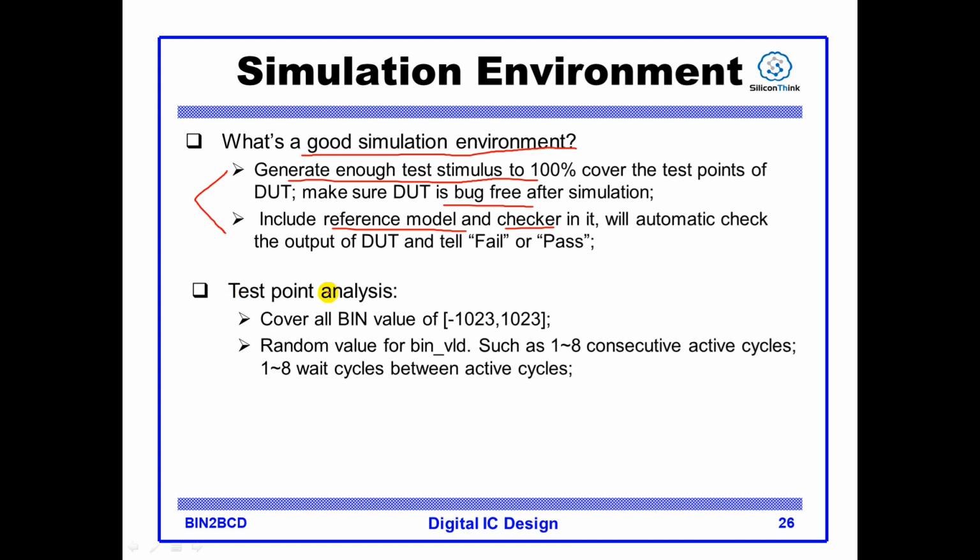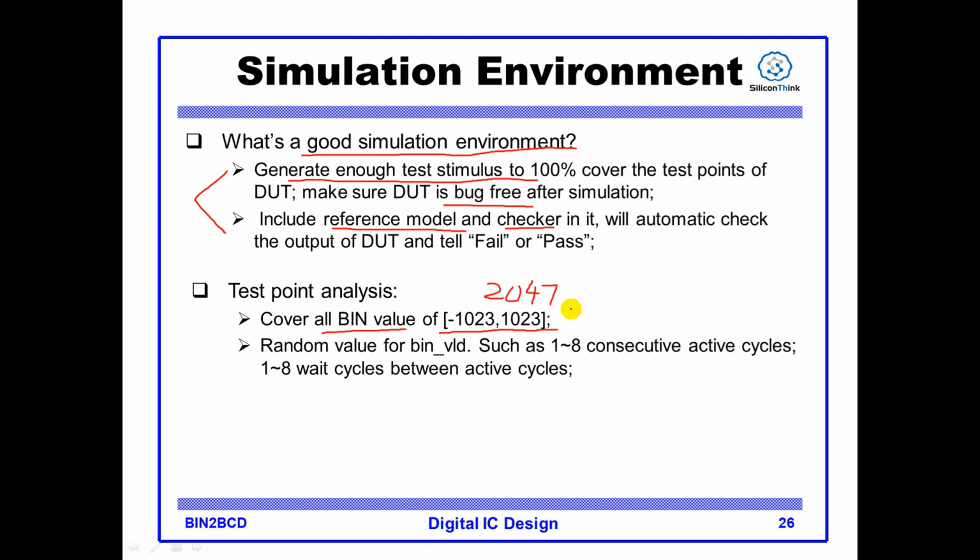So let's analyze the test points for this problem. I think first you have to cover all the bin values of the input. That is from -1023 to 1023. That is about 2047 numbers in total.